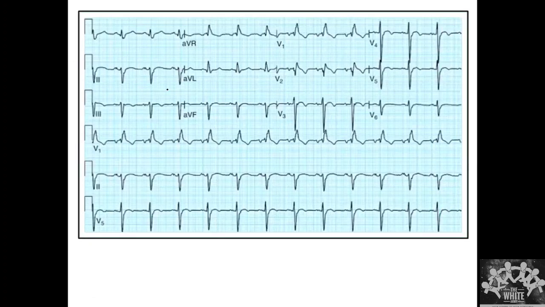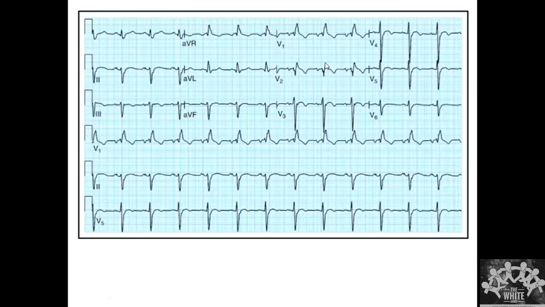Okay, so for this, can someone tell, what is the diagnosis here? We'll see everyone's attempts. It's okay, it's an attempt. There is nothing wrong.